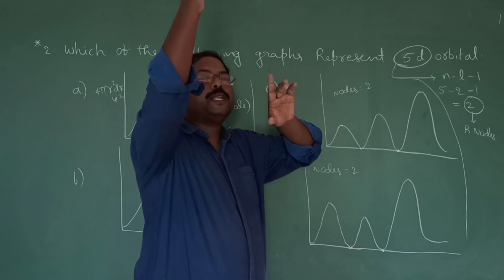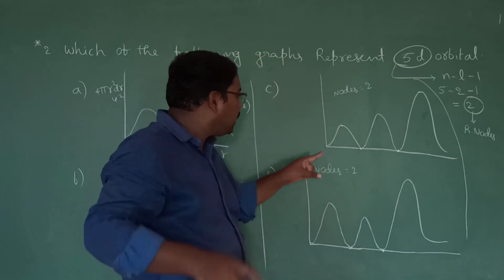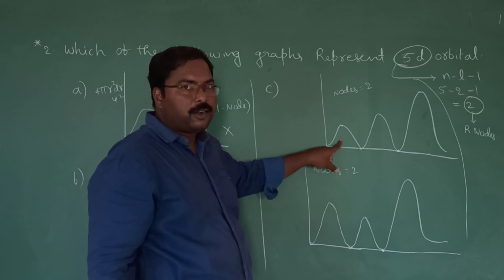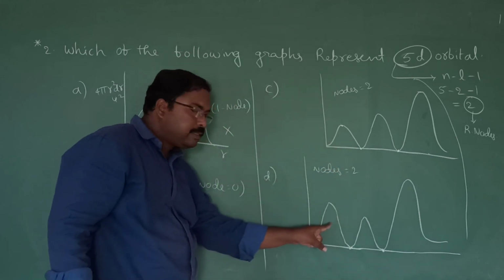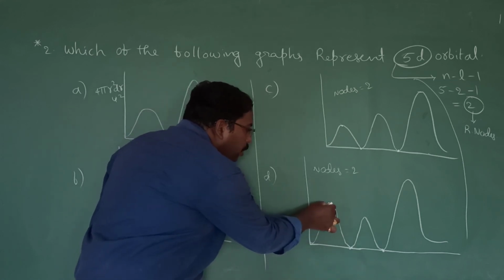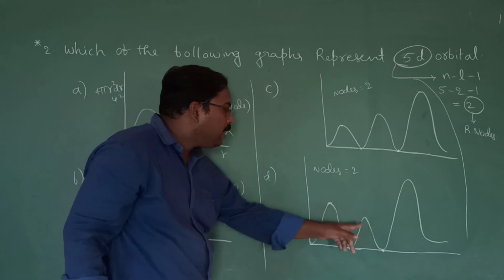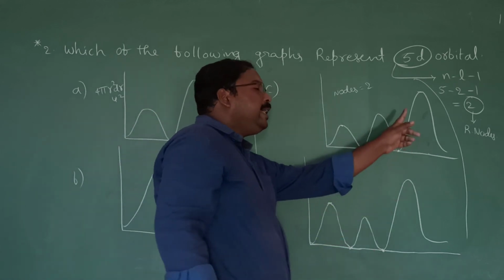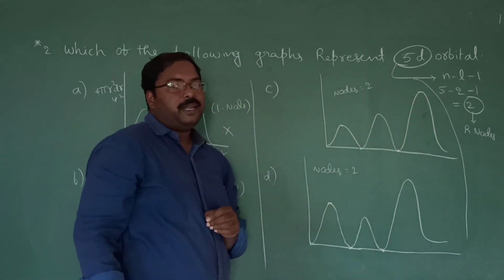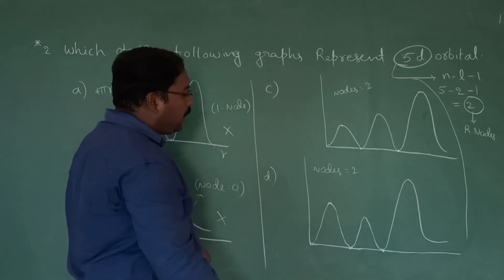When the electron is present in the fifth orbit, its probability in the first orbit is less. Correct or not? But in option D, they have given more probability of finding the electron in the first orbit, and it reduces in the second orbit, then increases in the next orbit. Is it correct? No. So remember that point.